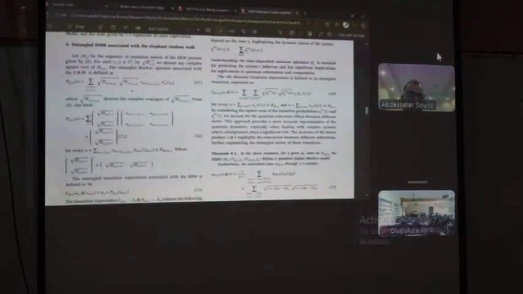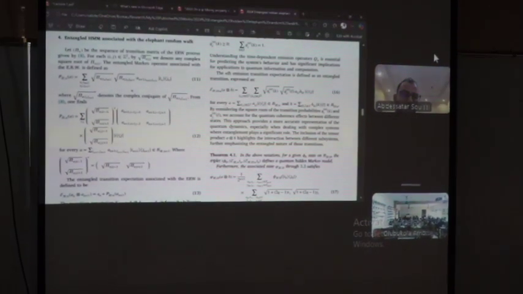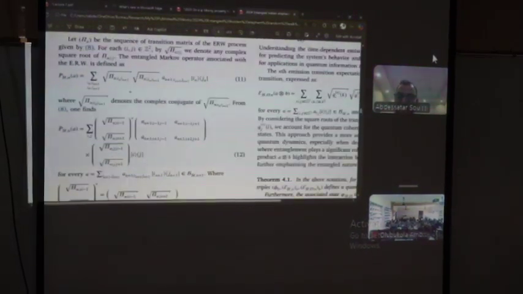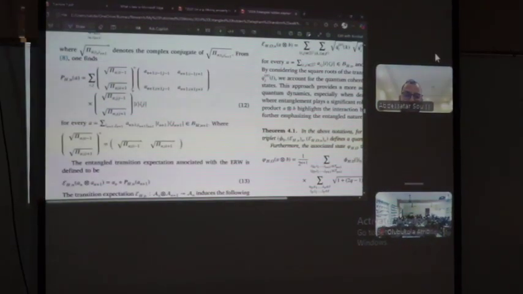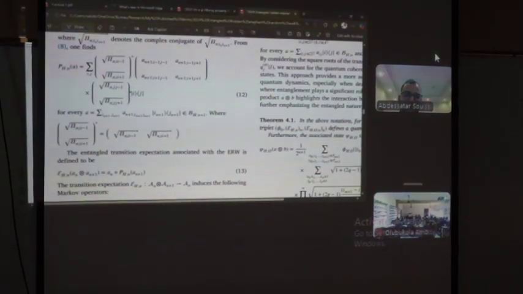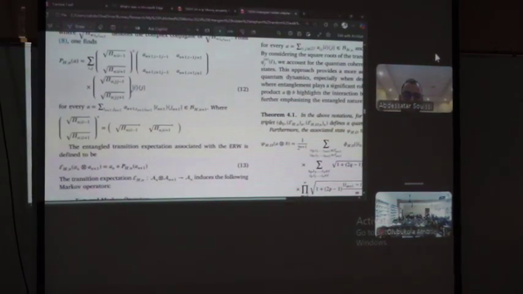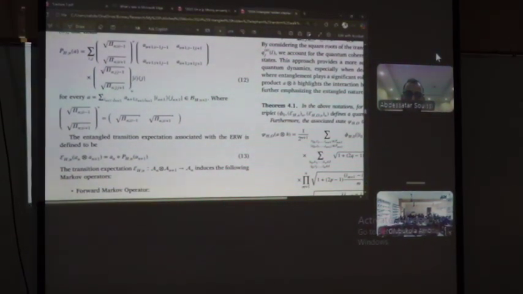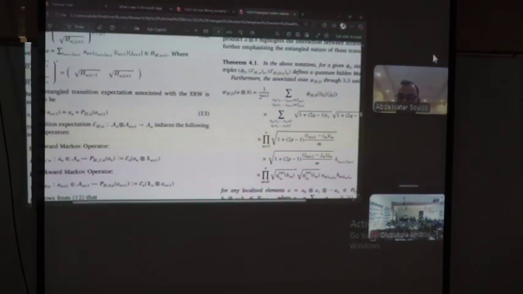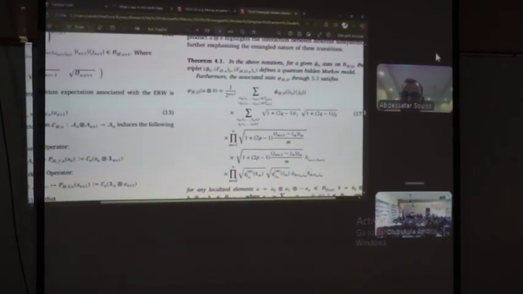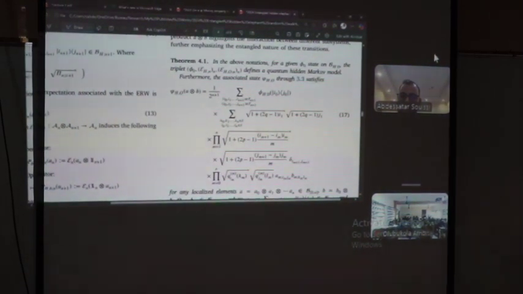Here is the observation entangled Markov operator. It is also defined through this formula that expresses the dynamics of the electron at the moment. And here we give the structure theorem for the associated entangled Markov chain.